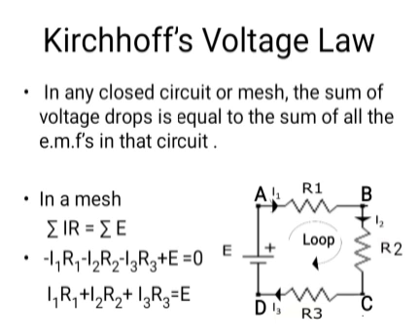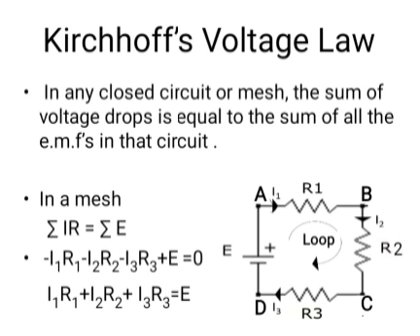Minus I1 into R1 minus I2 into R2, the same thing, minus I3 into R3, plus E. Plus E means the rise in potential in the voltage source from negative to positive, so you must take it as positive. That equals 0.